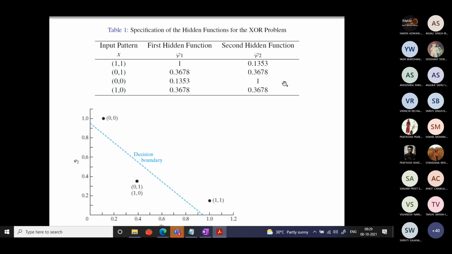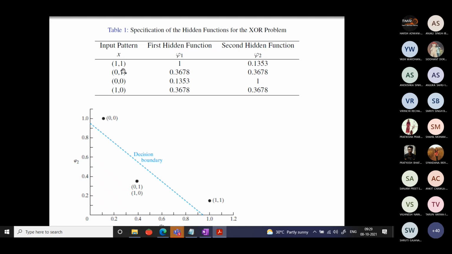So once we plot this, phi 2 versus phi 1, you see that the value corresponds to 0, 0 basically here. Phi 1 is 0.1353 and phi 2 was 1, so here.